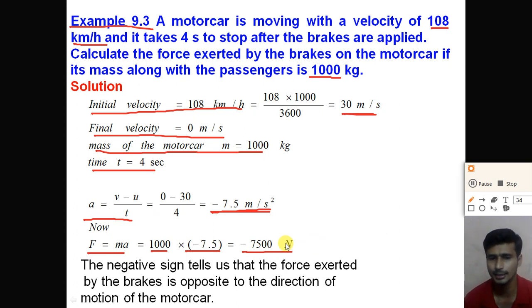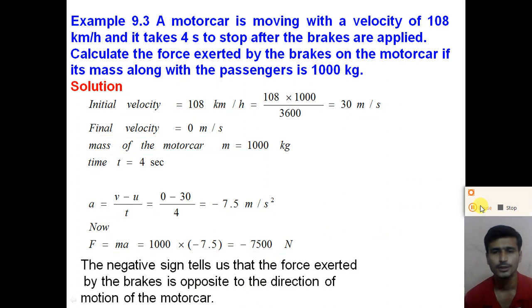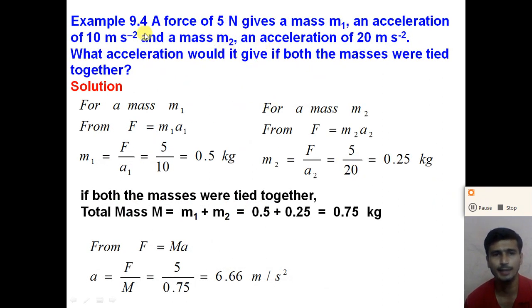Here the negative sign indicates that the force exerted by the brake is opposite to the direction of the motion. So when the force is opposite to the direction of the motion, the acceleration will be negative. So dear student, understand this example. Now example number 9.4.